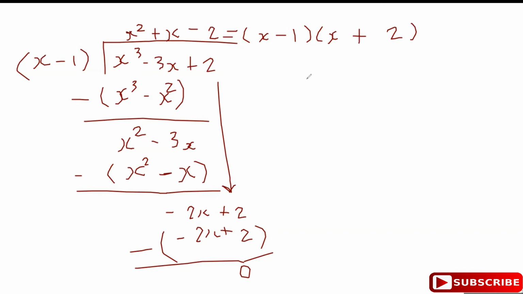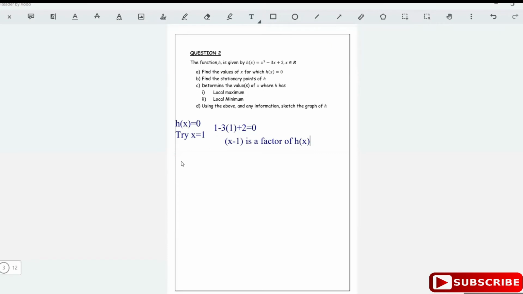Yep, so that is h of x. We can rewrite and say that h of x is equal to x minus 1 times x minus 1 times x plus 2. Since that is h of x, part A is done and dusted.